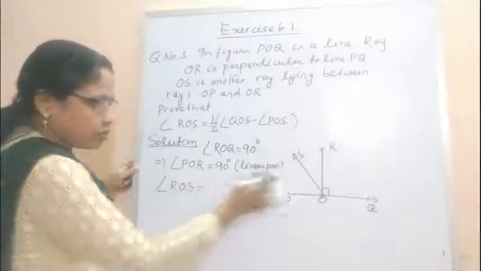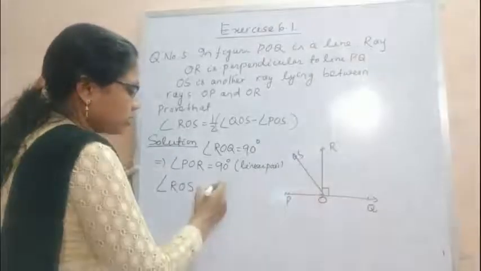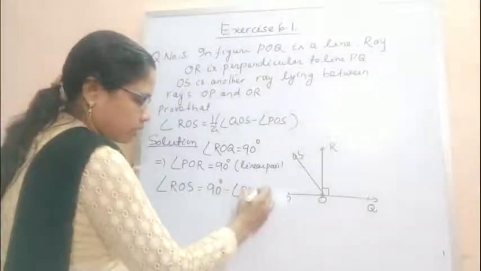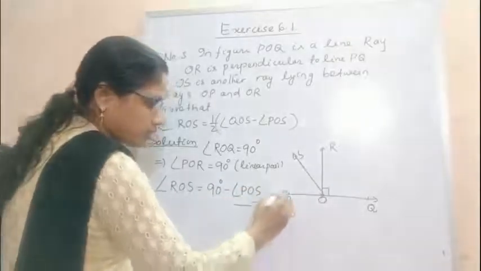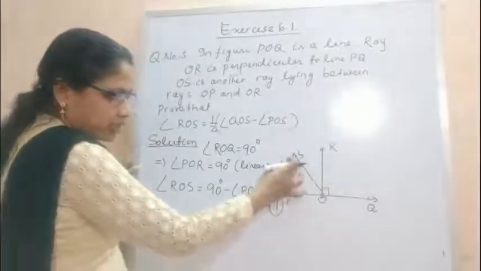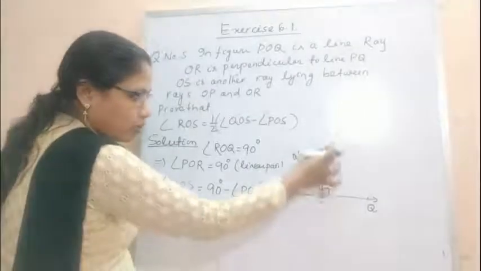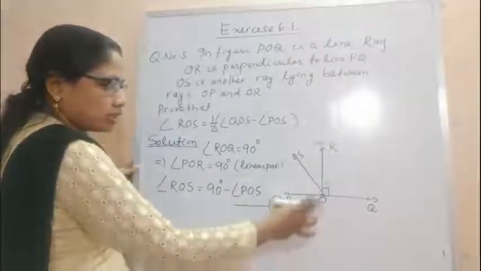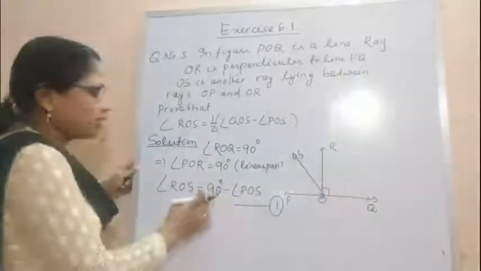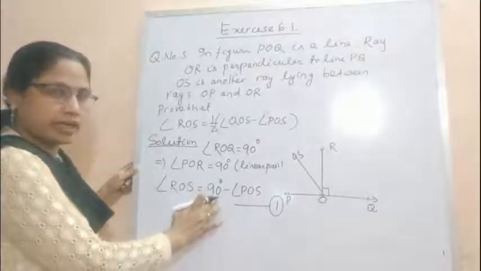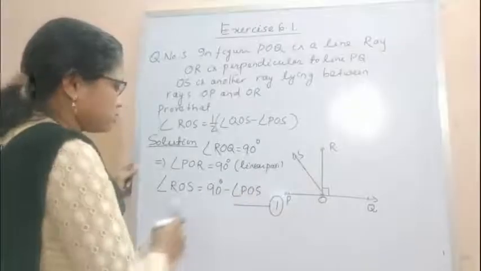Angle ROS is equal to 90 degree minus angle POS. Let this be our equation 1. So angle ROS is equal to angle ROP minus angle POS. So angle ROP is 90 degree. So angle ROS is equal to 90 degree minus angle POS.